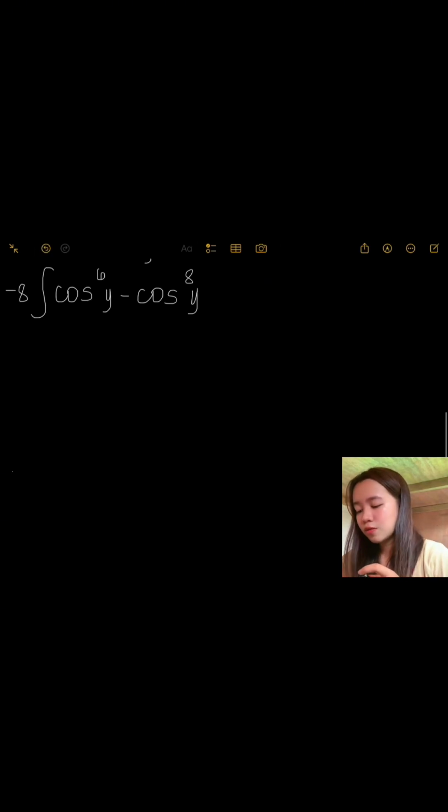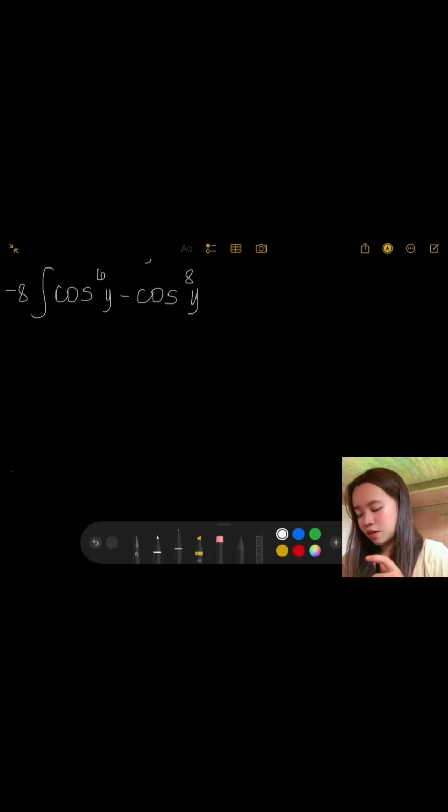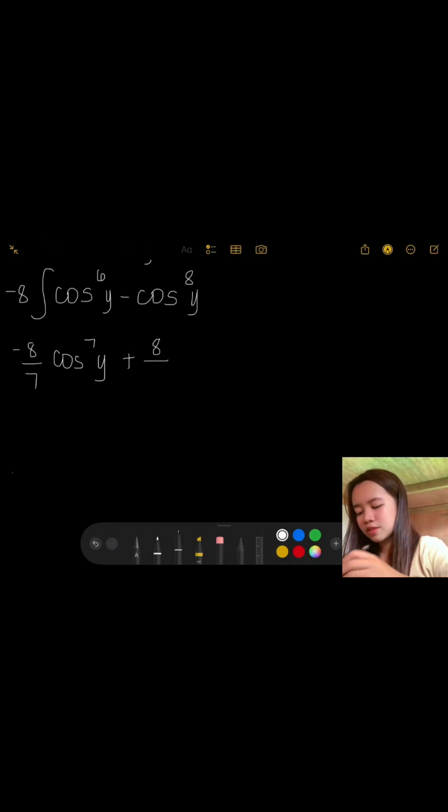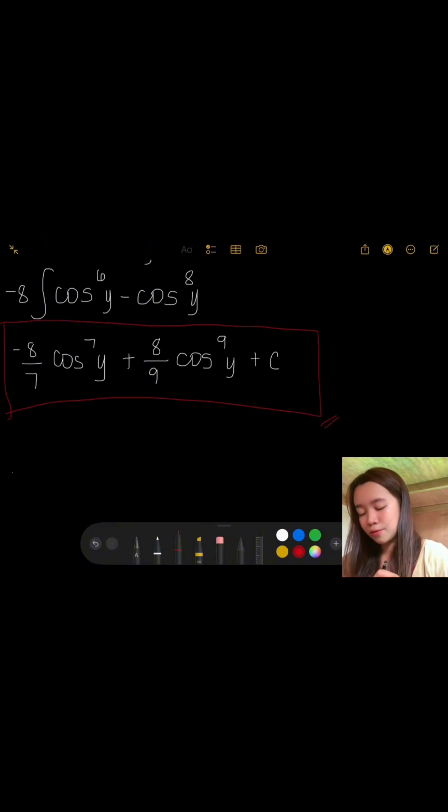We can solve this using the power formula. So this will become negative 8 over 7 cos to the 7th y plus 8 over 9 cosine to the 9th y plus c. So this is now the final answer.